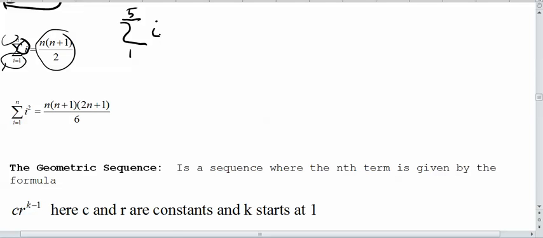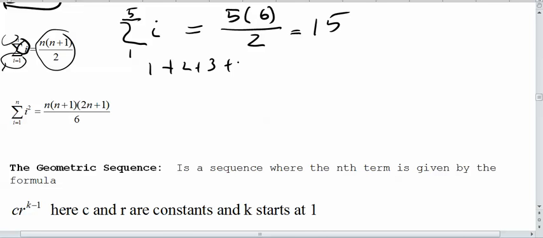So I'm summing up my index, right? So the formula tells me that this is going to be equal to n times n plus 1 divided by 2. In other words, this is going to be 15. So if I go 1 plus 2 plus 3 plus 4 plus 5, that adds up to 15. See, 9, 12, 14, 15. I'm going to erase it.